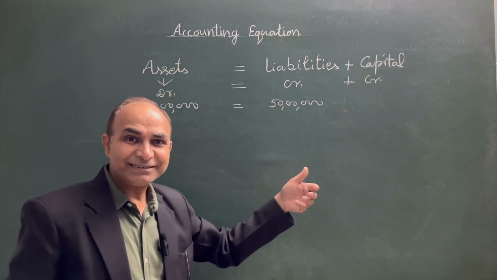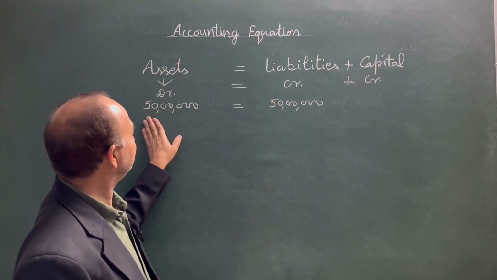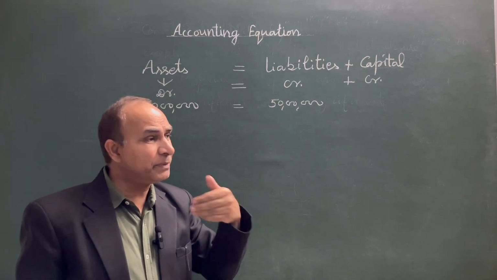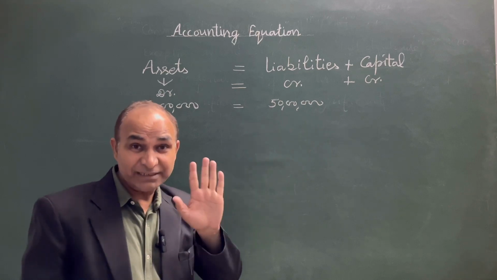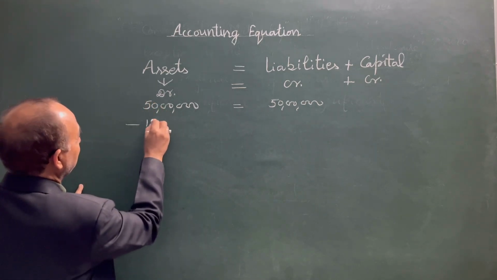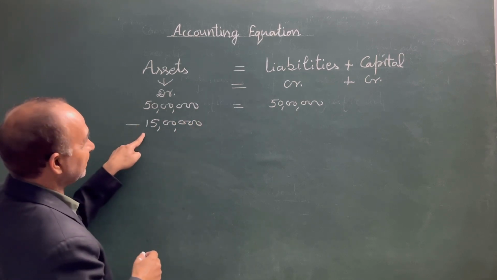Further, I take another example. For example, out of this 50 lakh, rupees 15 lakh is paid as salary to the workers. So minus 15 lakh paid for the expenses, say salary. That reduces the bank balance.